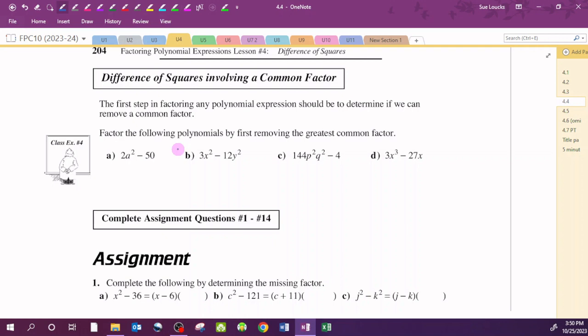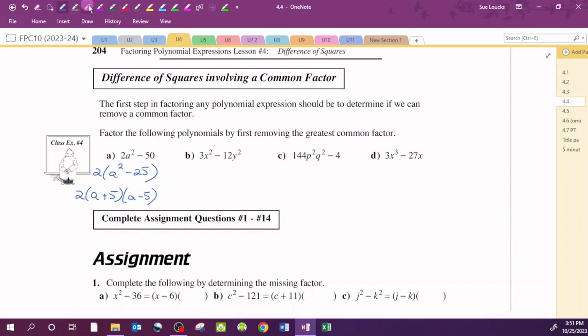But the first thing I always do when I'm looking for factoring is I always look for the common factor first, and I'm always going to take out the greatest common factor first. That's just an always. So I've got a common factor of 2, so this becomes 2 times a squared minus 25. This is a perfect square, so this becomes 2 times a plus 5 times a minus 5.